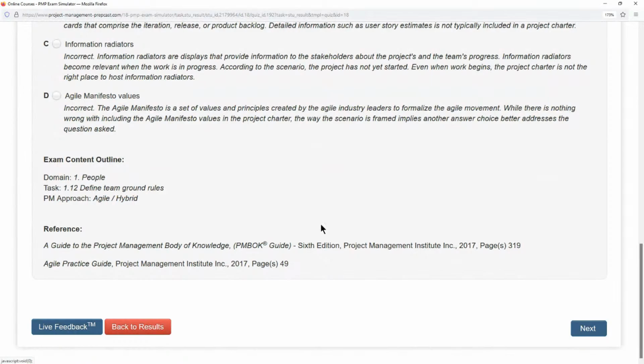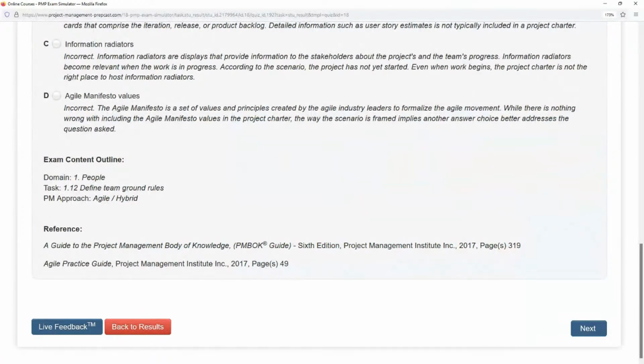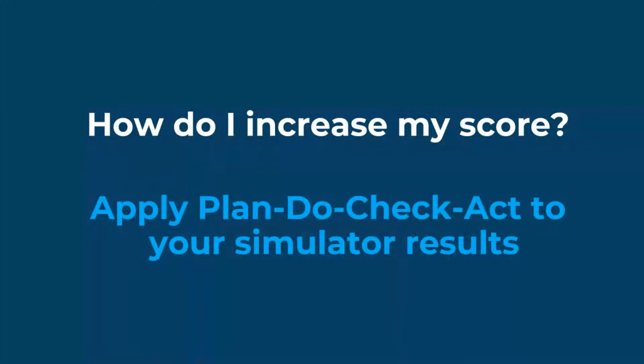My recommendation is always the same. You plan, you have a good study plan, you study, you do, then you check, you take questions in the simulators, and then you act. Well, I wasn't doing so great in this question, so I better read up on this information down here. So this is how you increase your score.